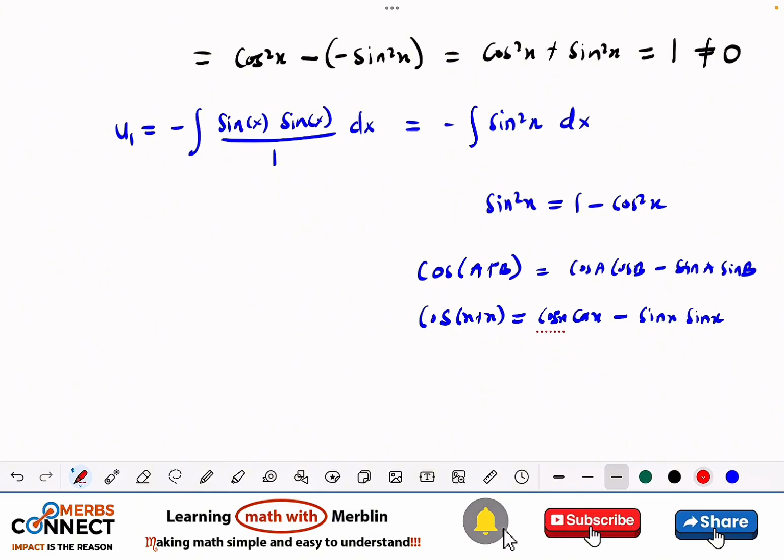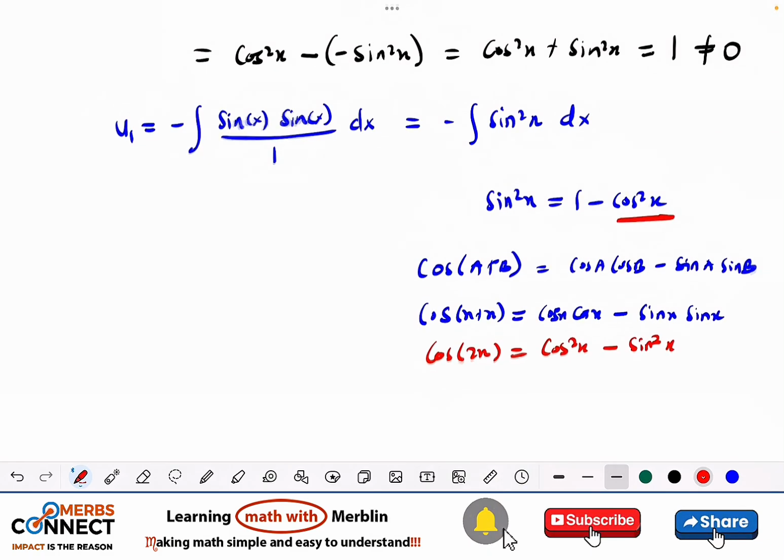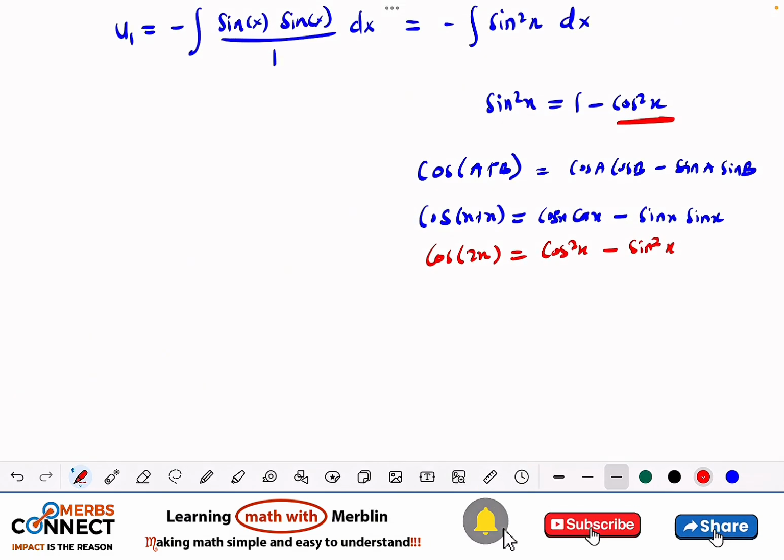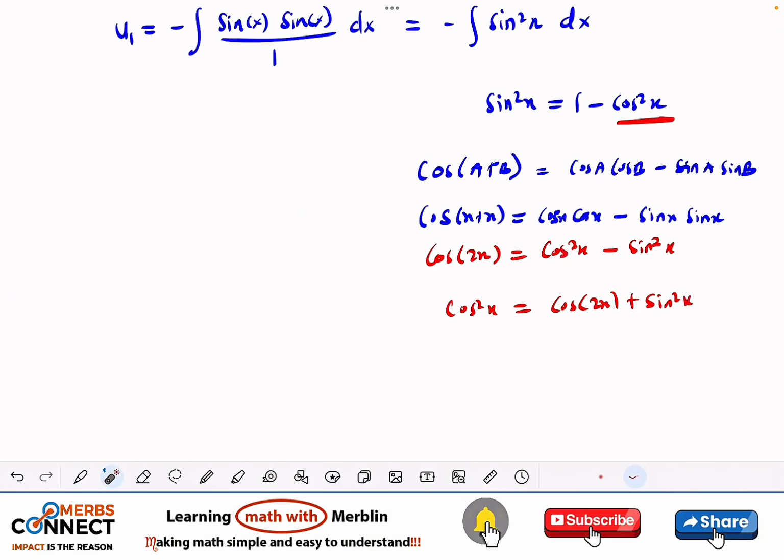Good. So this gives us cos 2x, which is equal to cos squared x minus sine squared x. Now we need cos squared x, so let's make it the subject. So cos squared x is equal to cos 2x plus sine squared x from here.